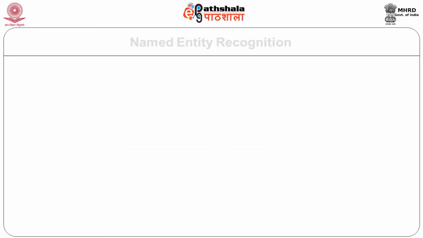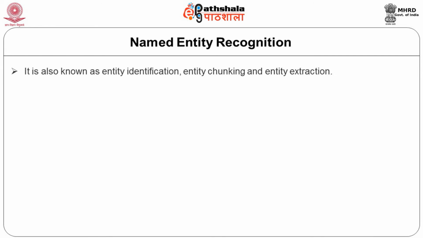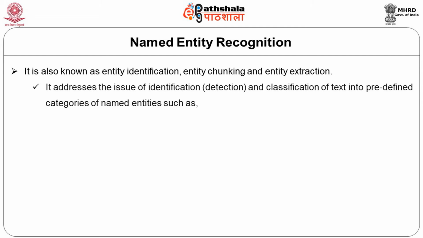We come to named entity recognition. This is also known as entity identification, entity chunking, or entity extraction. So, it is known by different terms. Even while extracting these, we can come across these as keywords which describe the document. So, it mainly addresses the issue of identification or detection and classification of text into predefined categories of named entities.